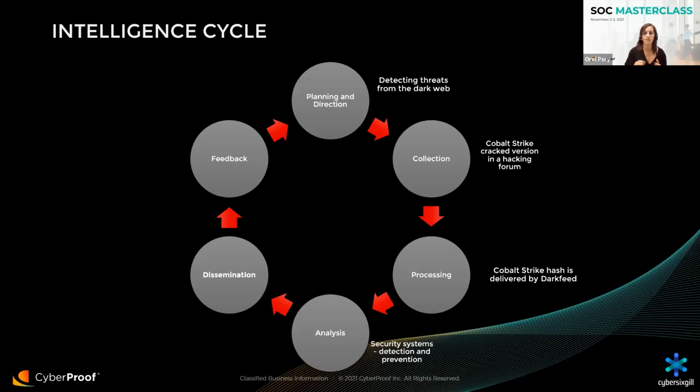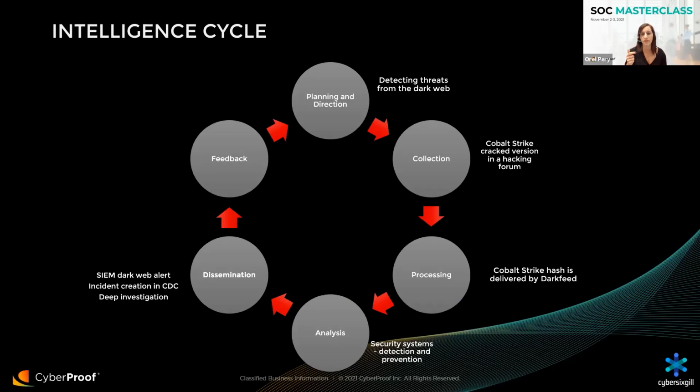Now, in the analysis phase, we discussed the goal. The goal is to see if there is any security issue related to this threat. And what we did is to scan this hash against the security systems for detection and prevention. We saw in this phase that the EDR detected it and prevented it from execution, but we continued the investigation in the dissemination phase.